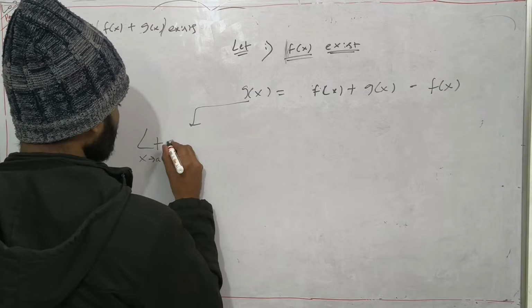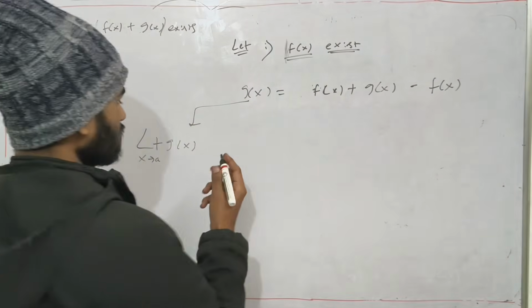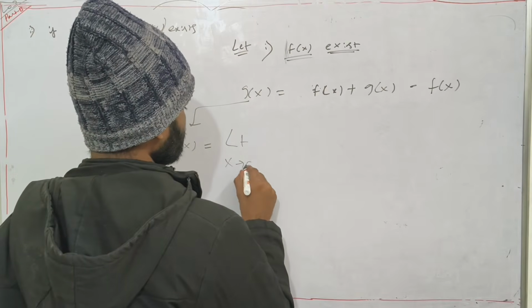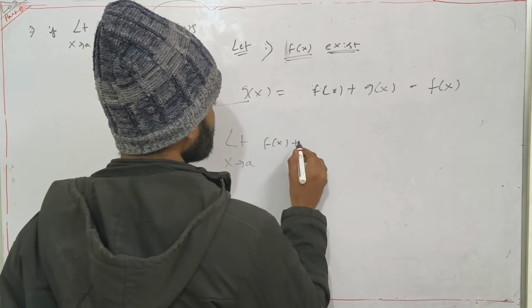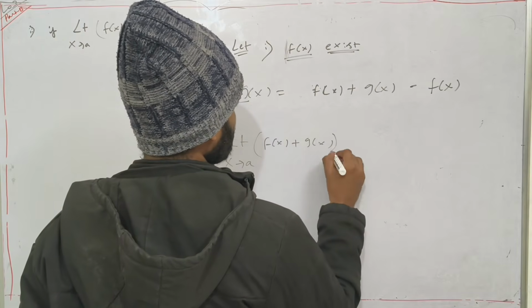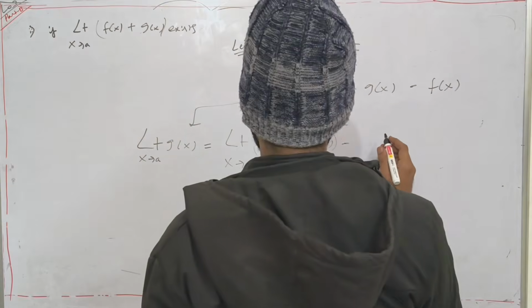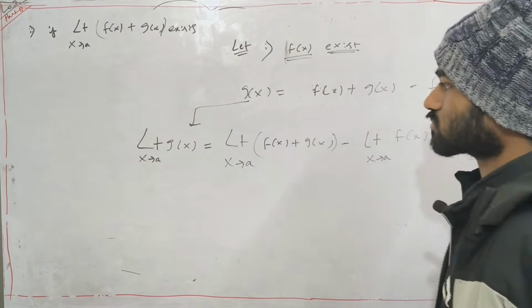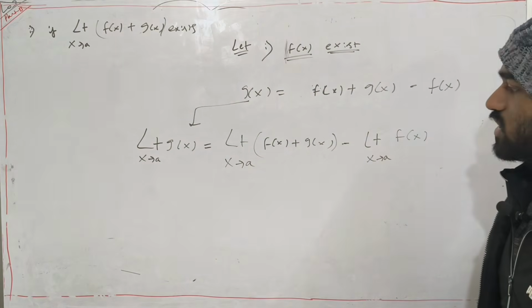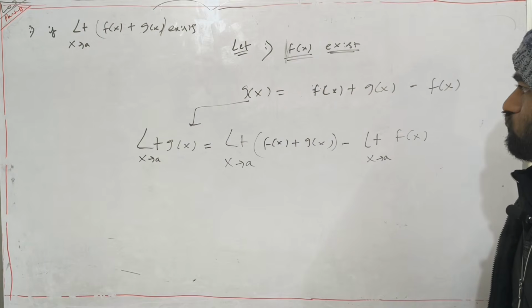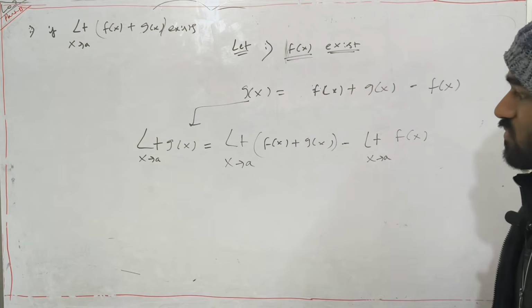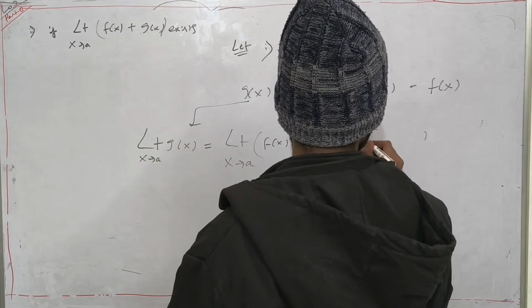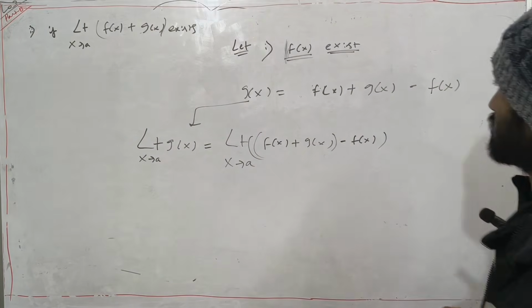This we can write as limit x tends to a of f of x plus g of x minus f of x. Can I write like this?